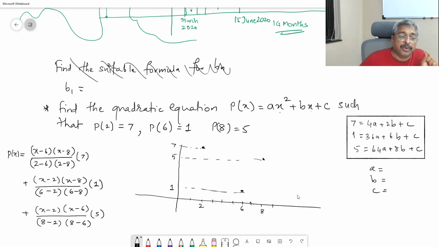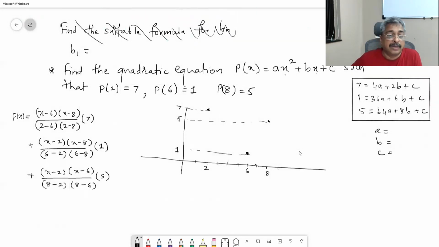If I put x is equal to 2, this is 0, this is 0, I get 7. If I put x is equal to 6, this is 0, this is 0, I get 1. If I put x is equal to 8, this is 0, this is 0, I get the third. Now it is easy, not really easy, but because I am saying that we can do it, let us do it. This is equal to x square minus 14x plus 48 divided into 7 upon, how much is this?